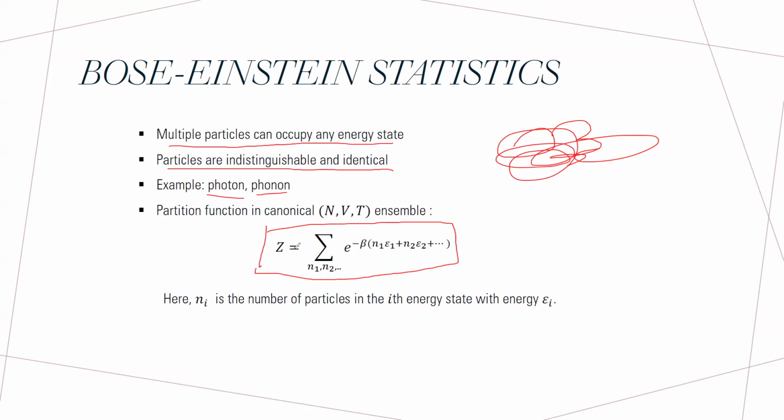Here, capital Z is equal to the sum of exponential of minus beta times n1 epsilon 1 plus n2 epsilon 2 and so on. Ni is the number of particles in the ith energy state with energy epsilon i.